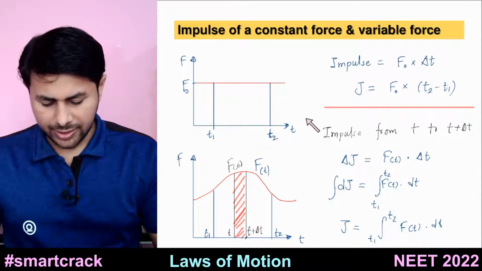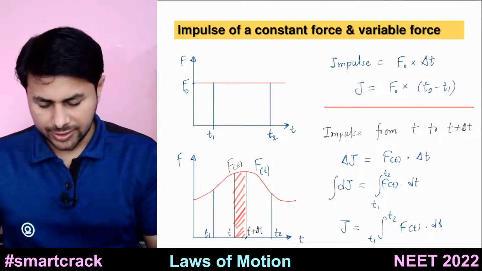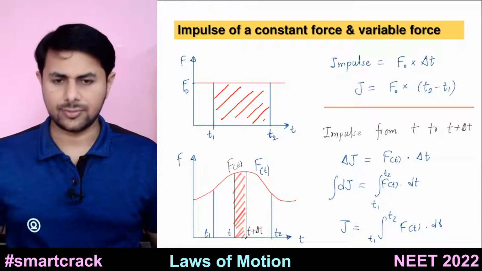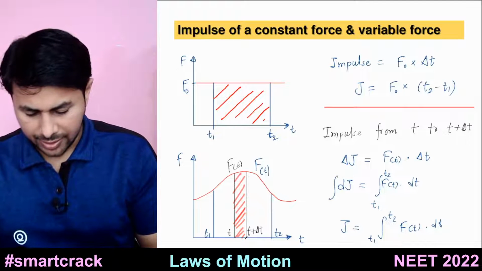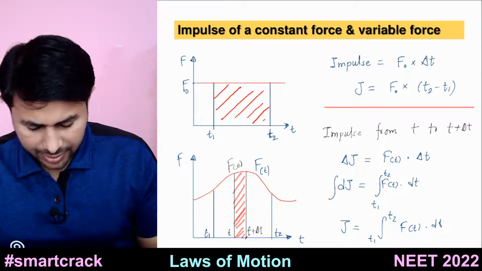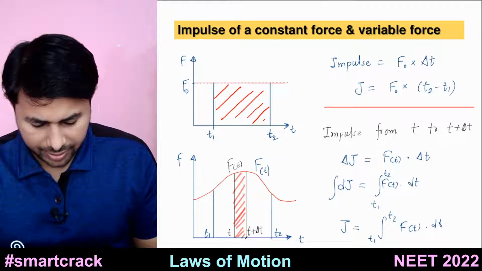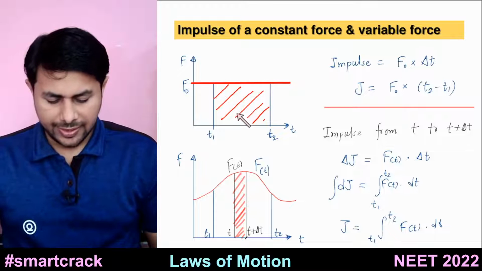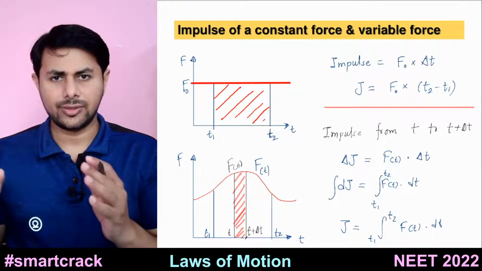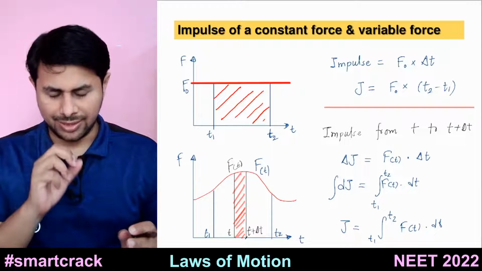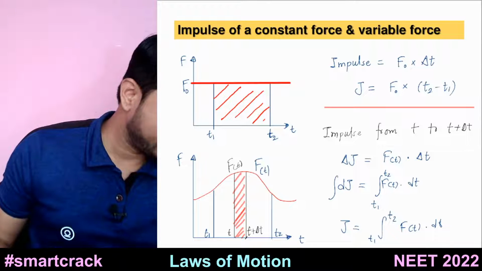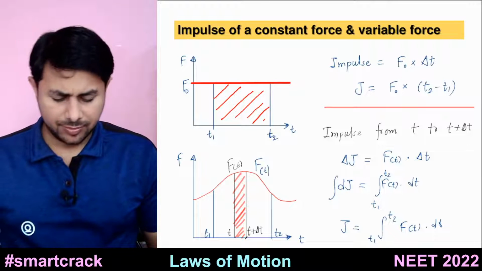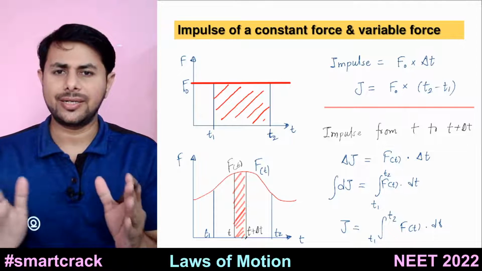If you see it in this curve, it is the area under this curve. Impulse is the area under the force versus time curve. So in this first case, finding out impulse is easy. It is just the force multiplied by time interval.